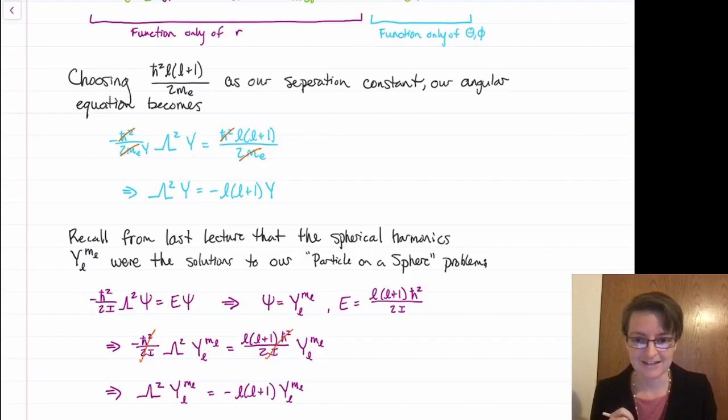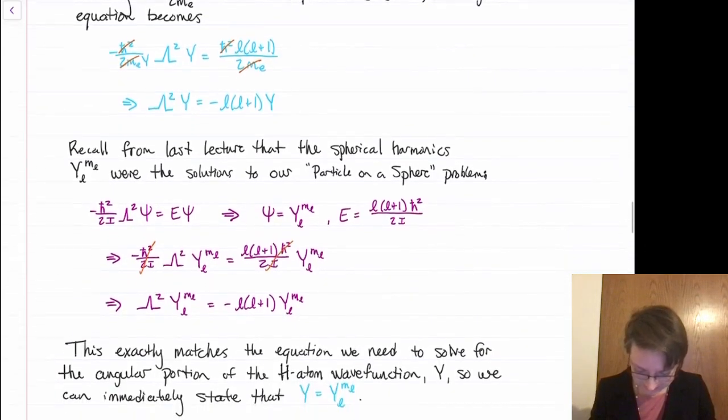It said that for a choice of energy, E is equal to L times L plus 1 h bar squared over 2I, where I was that moment of inertia from before, that the wave functions that fit this equation are the spherical harmonics, which depended on two quantum numbers, L and m sub L. And plugging in this value for E that we found from last lecture, we can simplify our equation down to say that the solutions to the equation, Legendre operator times a wave function, is equal to negative L times L plus 1 times that spherical harmonic wave function again.